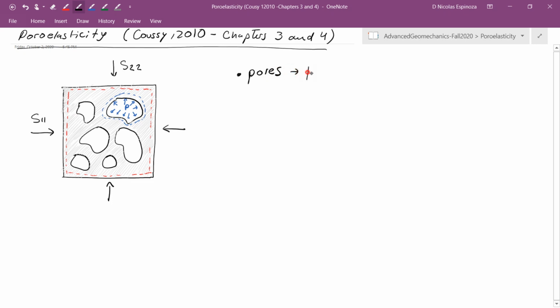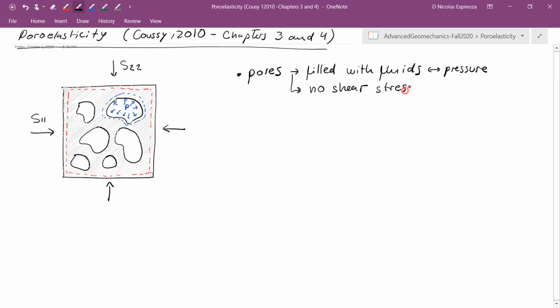All right, so let's write down this new feature that we have, which are pores. Pores are going to be filled with fluids in the general case. The fluids are just going to apply a pressure which is a normal pressure on the walls. Fluids cannot apply a shear stress.